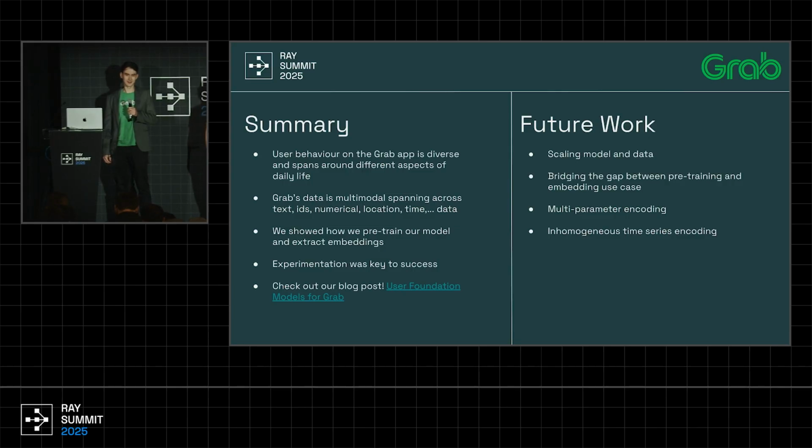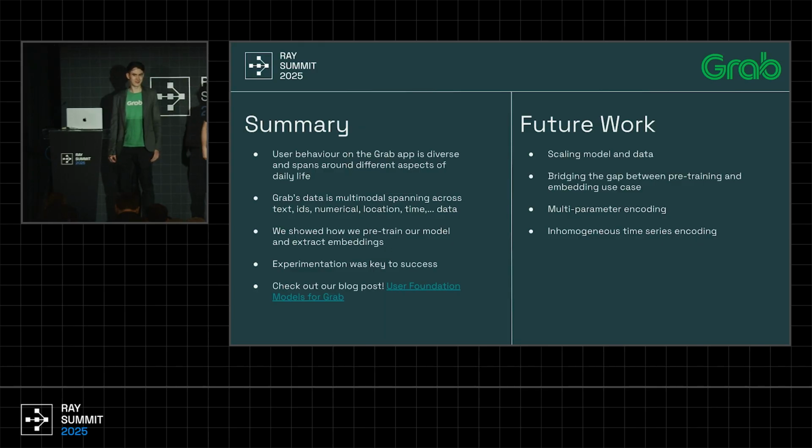Hey, great presentation. Do you train on web data too? Does the foundation model you train have any general knowledge from the internet, or is it just Grab data? Yeah, I can take this. The majority of our training data is Grab data, because we want to learn the Grab context and data that is only relevant to the Grab business.